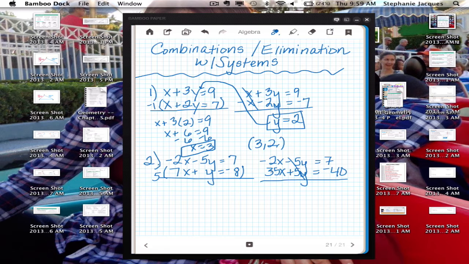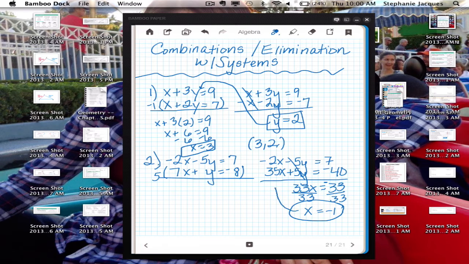And I'm going to have 35 minus 2 is 33x. And 40 minus 7 is 33, and it's a negative because of that. I'm going to divide out my 33. So I'm going to get x equals -1.